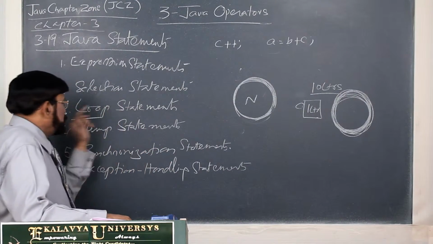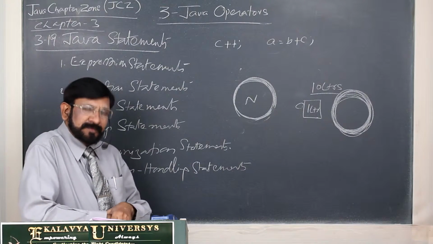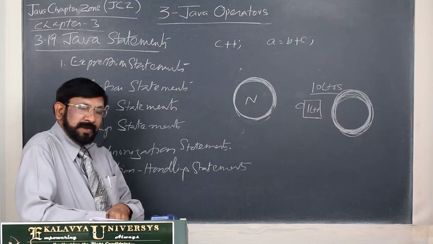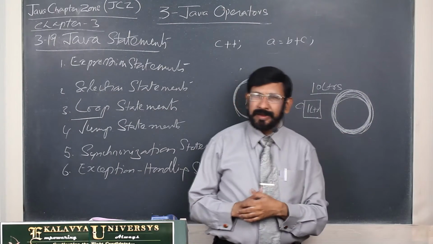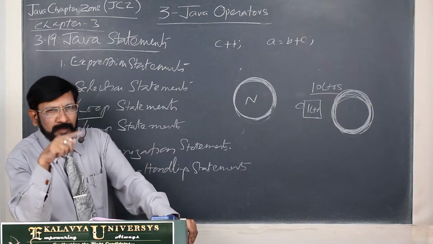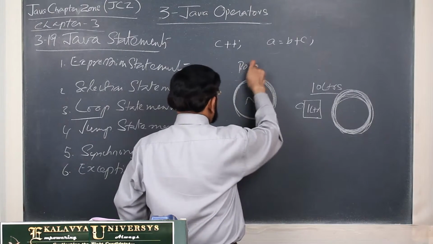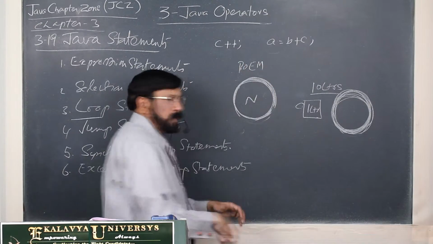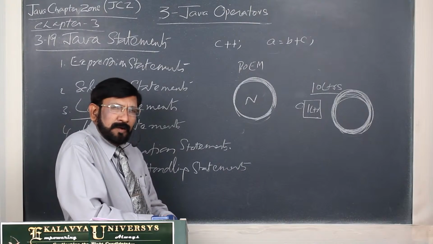That is loop statement. Thereafter jump statements. Sometimes we require a jump. One simple situation I tell you. You do not know how many iterations are required. Let us take this poem case. You have to learn the poem by heart.